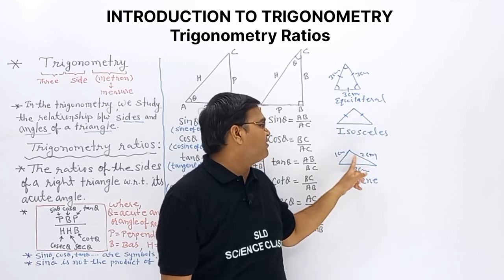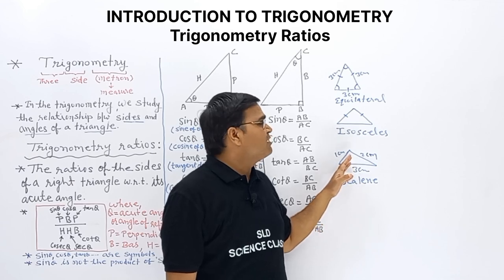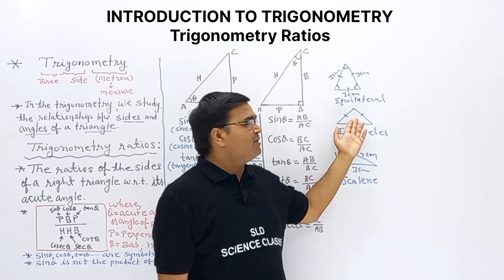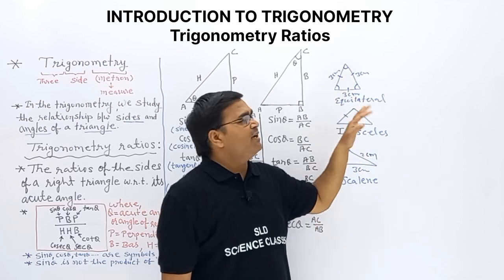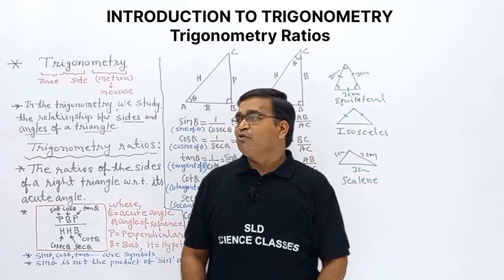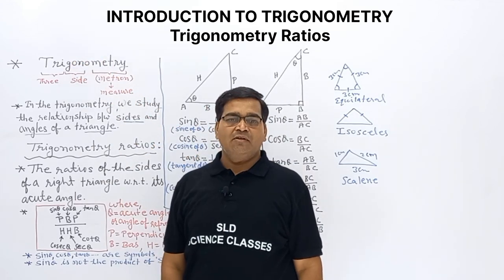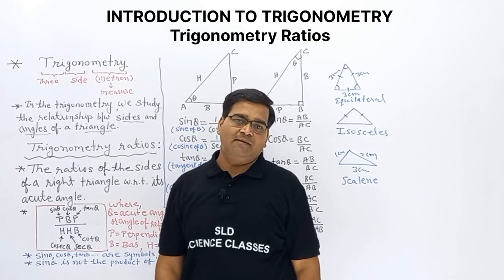All sides are different: 1 centimeter, 2 centimeter, 3 centimeter. If two sides are equal in a triangle, it is called isosceles. If all sides are equal, it is called equilateral. So in trigonometry we study the relationship between sides and angles of a triangle.